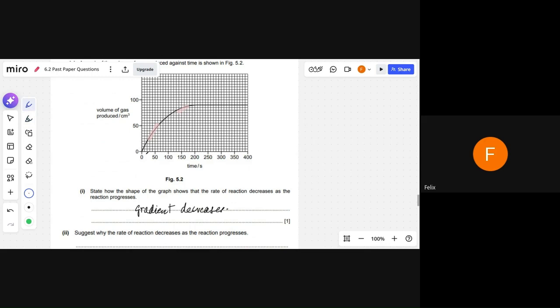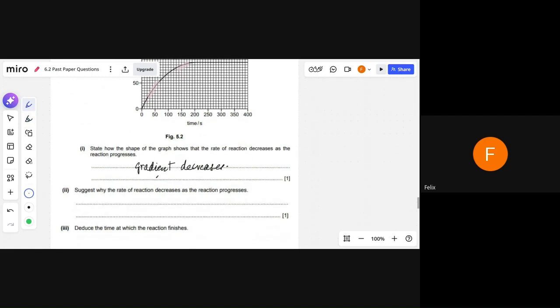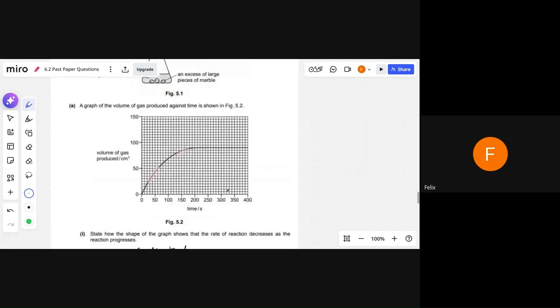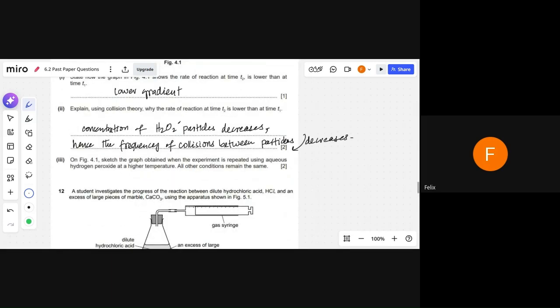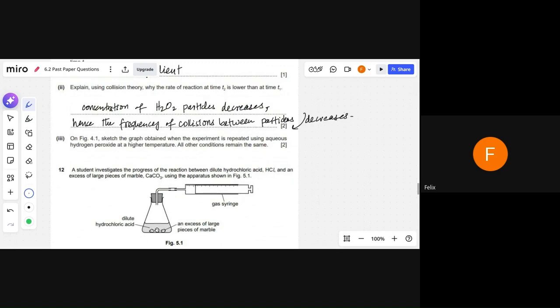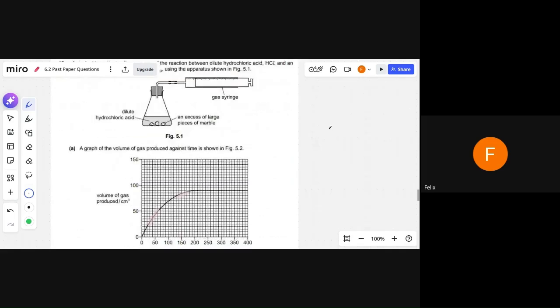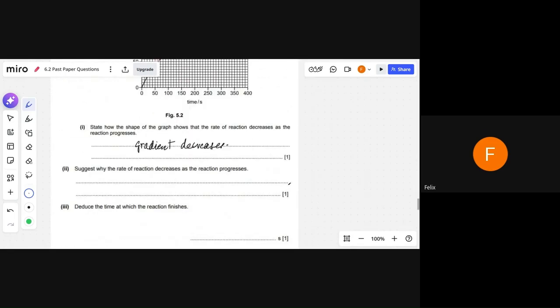All right, next one: suggest why the rate of reaction decreases as the reaction progresses. The same thing: the concentration of each of the reactant particles decreases, hence the frequency of collisions between the particles decreases, decreasing the rate of reaction. But it has 1 mark, so you can just say that the concentration of HCl is decreasing.